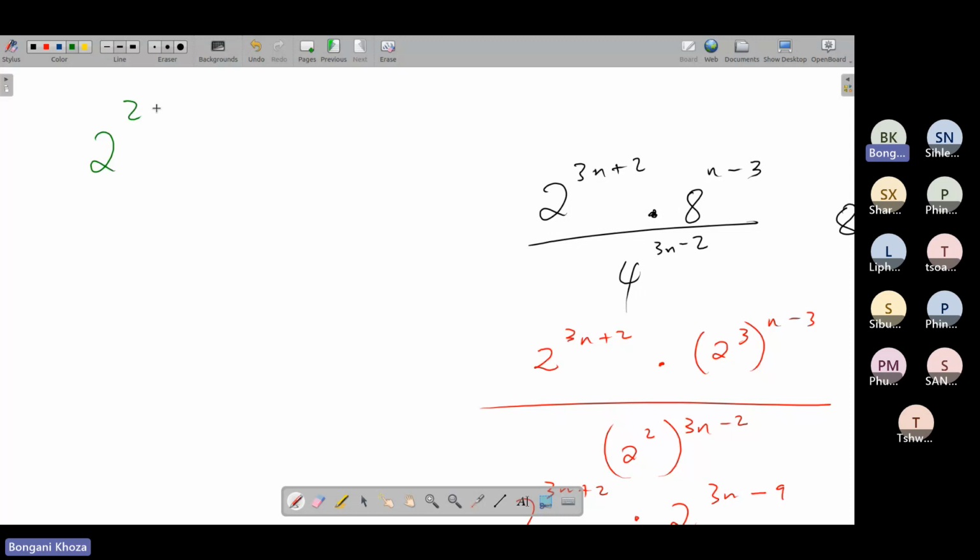So it's 2 exponent 1 plus 2, 8, 1 minus 3 over 4, 3 into 1 minus 2. You punch all of this into your calculator and see if you're getting the final answer that we got. If we don't, that means we did something wrong.